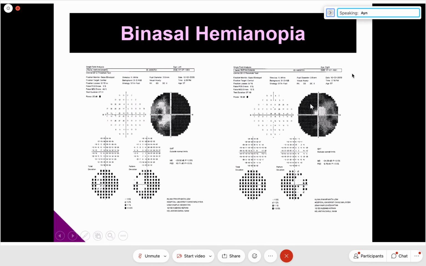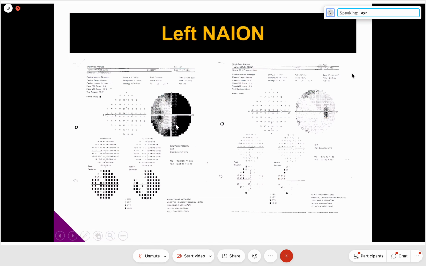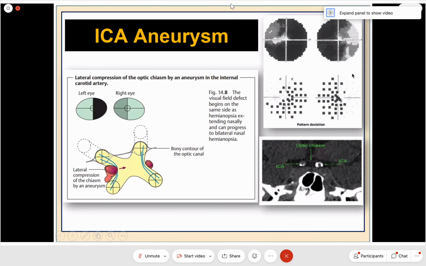How about nasal visual field defect? Actually, for nasal visual field defect, 75% of the cause is intraocular, only 25% intracranial. For example, in this case, left heminasal field loss is actually due to NAION. But if bilateral, although the most common cause is an ocular or optic nerve condition, we need to rule out any other dangerous etiology, for example ICA aneurysm.